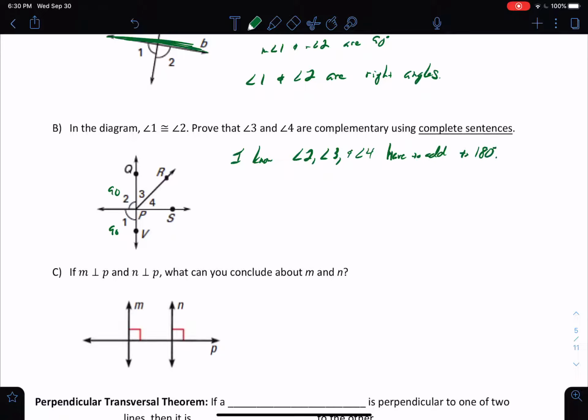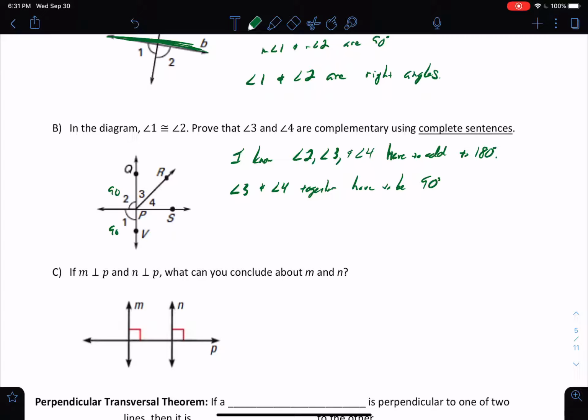I know those three angles together have to be 180 degrees. Since I know angle 2 is 90, that means angle 3 and angle 4 together have to be 90 degrees. They have to make up that other 90 degrees to make the 180.